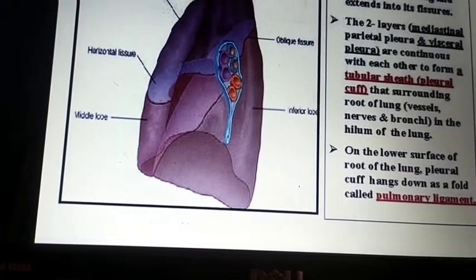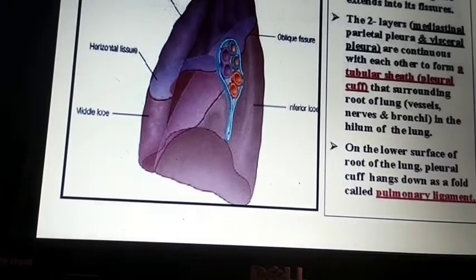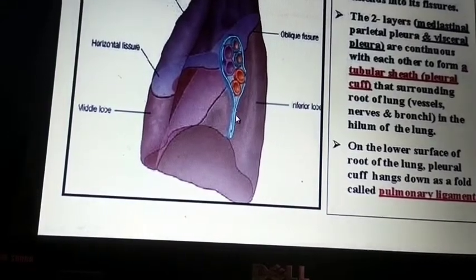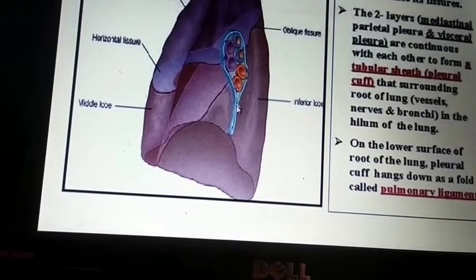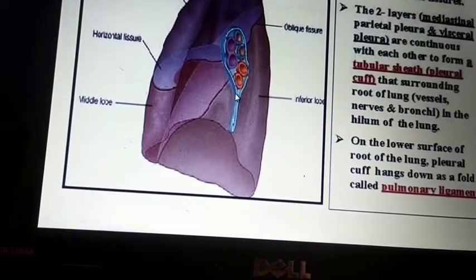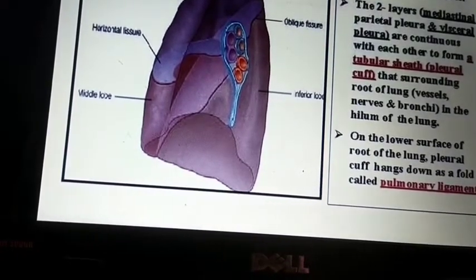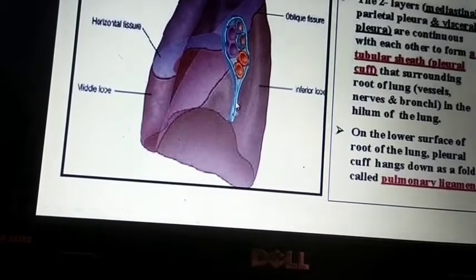On the lower surface of the root of the lung, the pleural cuff hangs down as a fold, and that fold is called the pulmonary ligament. This is the cuff; it goes down, joins together and forms the lower surface of the root of the lung, hanging down. That hanging part is the pulmonary ligament.